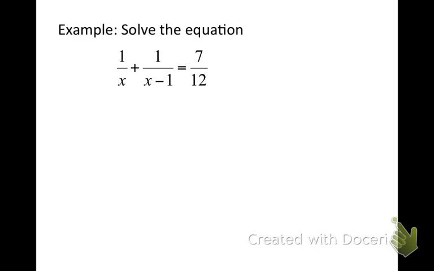So, in this denominator, I have an x. In this denominator, I have an x minus 1. In this denominator, I have a 12. So I need all 3 of the denominators to have the same thing, which means my first one is missing a 12, and it's also missing an x minus 1.